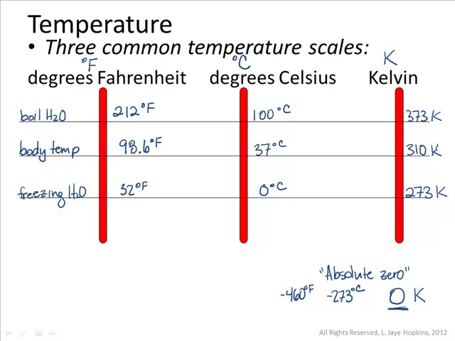It's not a way that anyone's going to give you a patient's body temperature, but it is what's fundamentally at the base of all scientific measurements and calculations that involve temperature, and we'll be working with it a great deal. The nice thing is it's very easy to change between Fahrenheit, degrees Celsius, and Kelvin, and to do that you'll be given that sort of information and not expected to memorize it.